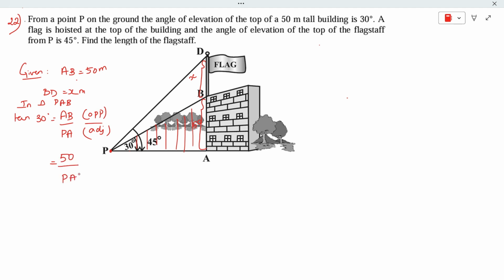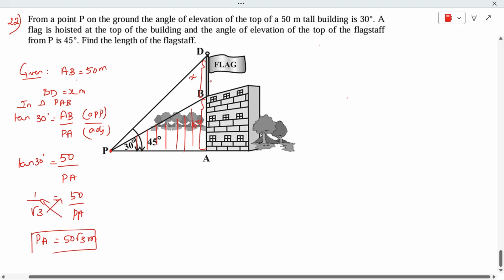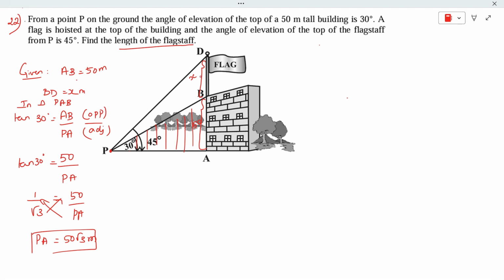I don't know the foot distance, so I'm just specifying it as PA itself. And I know that tan 30 degree from the tabulation is 1 by root 3. So now cross multiply. You will get the value of PA, that is 50 root 3 meter.